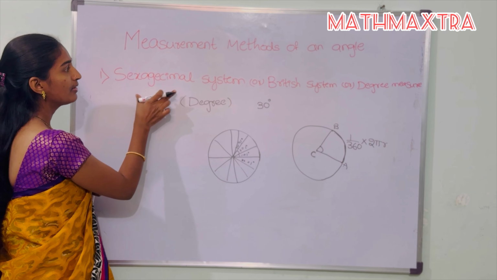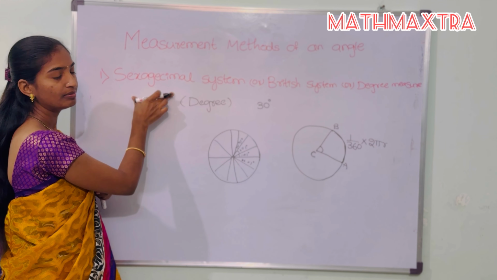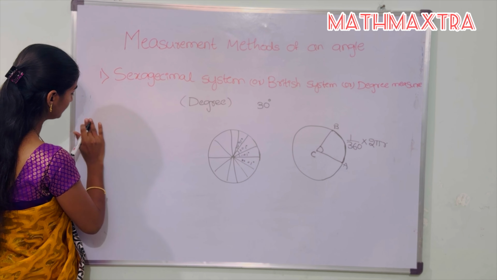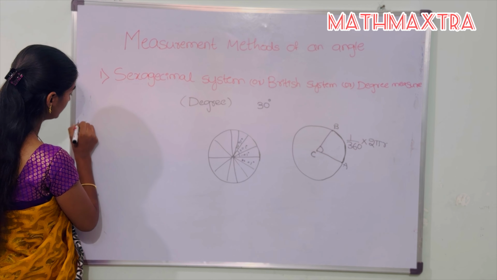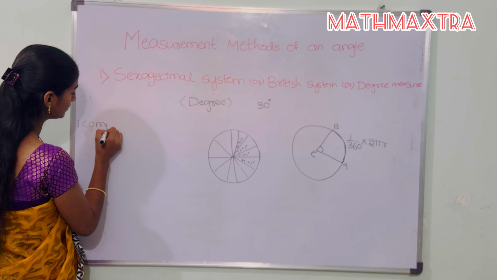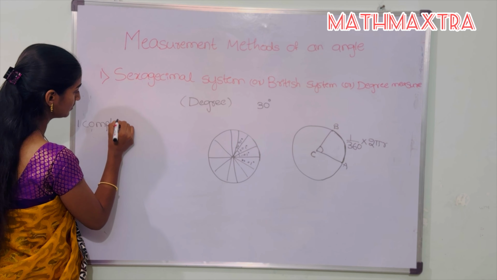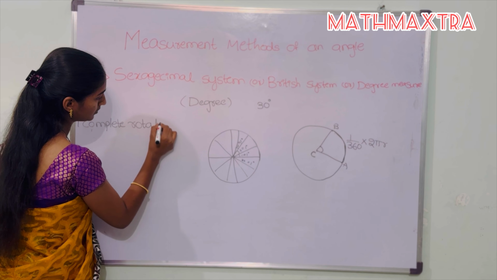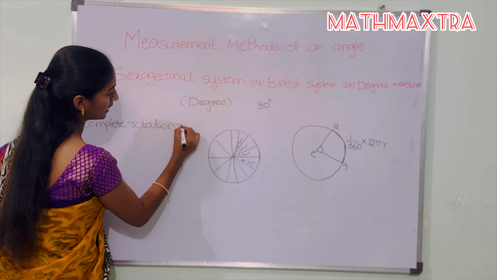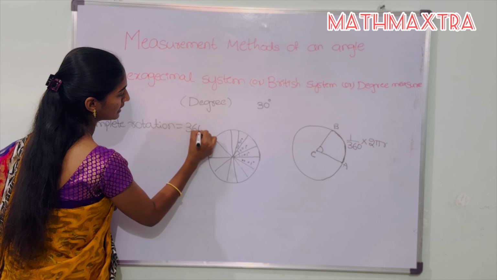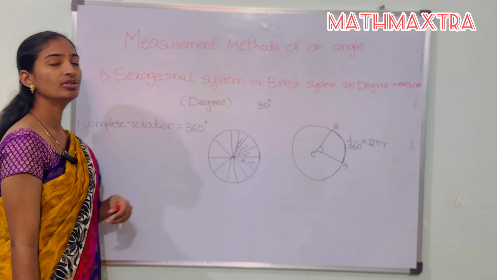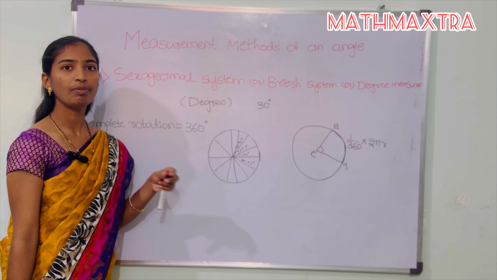So in the sexagesimal system, one complete rotation is equal to 360 degrees, because we are dividing it into 360 equal parts.